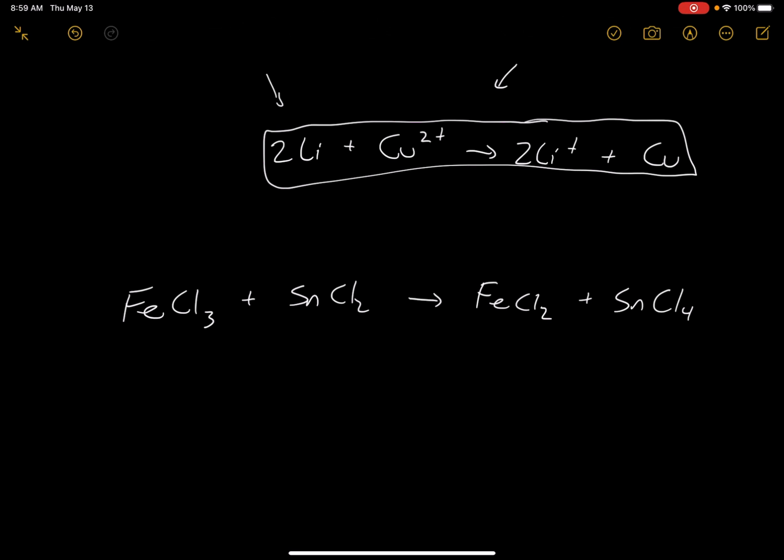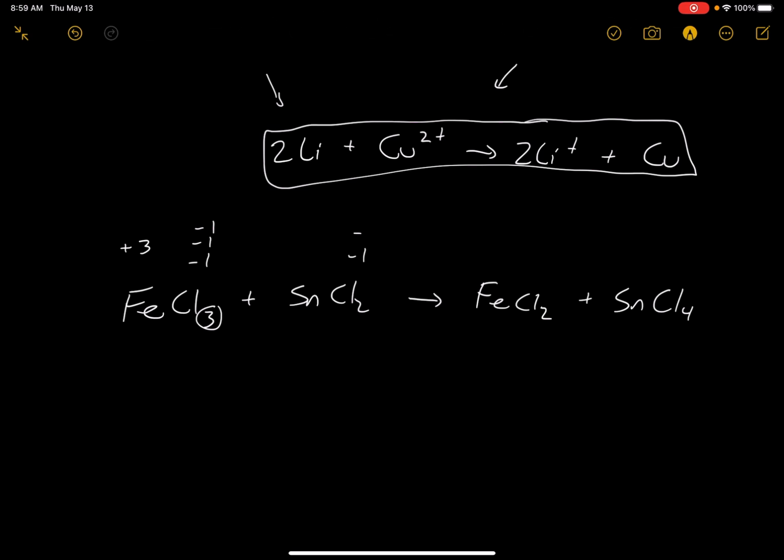the first thing you want to do is assign oxidation numbers. So we want to be able to tell, is this chemical reaction an oxidation-reduction reaction or is it not? So chlorine will pretty much always be -1, and there's 3 of them, so I'll write -1 3 times above it. And the oxidation numbers have to add up to 0, so that means my iron will be a +3.